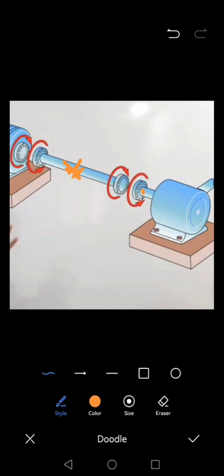Therefore, that's why you will have the resistance. With that resistance at the beginning, you will have to apply the big torque, the big twisting force, to get this thing in motion. Once this thing starts to rotate, you will no longer need the big torque to keep it running.